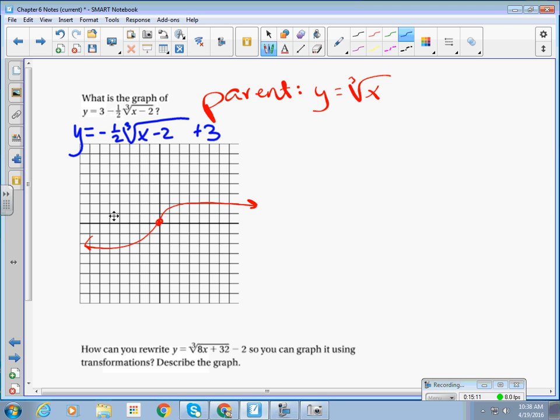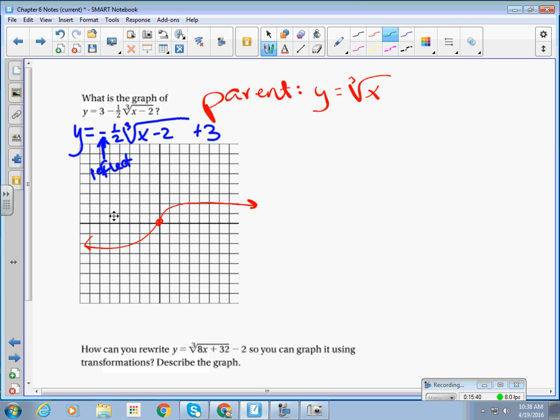So I'm going to shift it 3 units up, 2 units to the right, and then I am going to reflect it. So this negative is a reflection. The 1/2 is a vertical compress, so it's going to be flatter. And then we're going to shift it 2 units over, 3 units up.